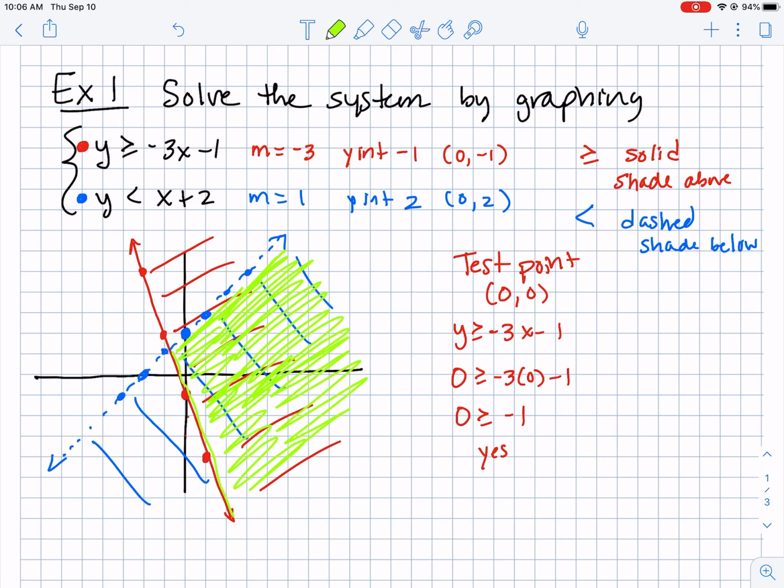So that means anything on that boundary line is part of the solution. This dashed one indicates points on that boundary line are not part of the solution. So I typically will draw a line and say, well, that is my solution. Notice there are infinitely many solutions to this system of inequalities.